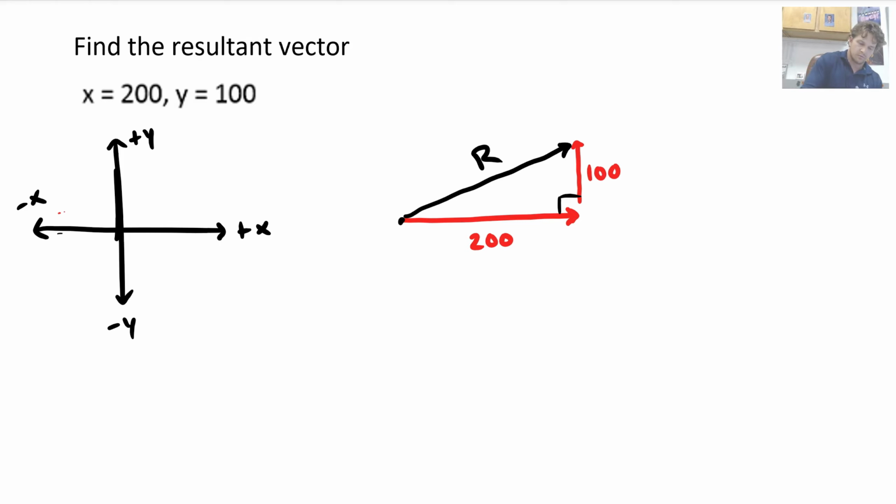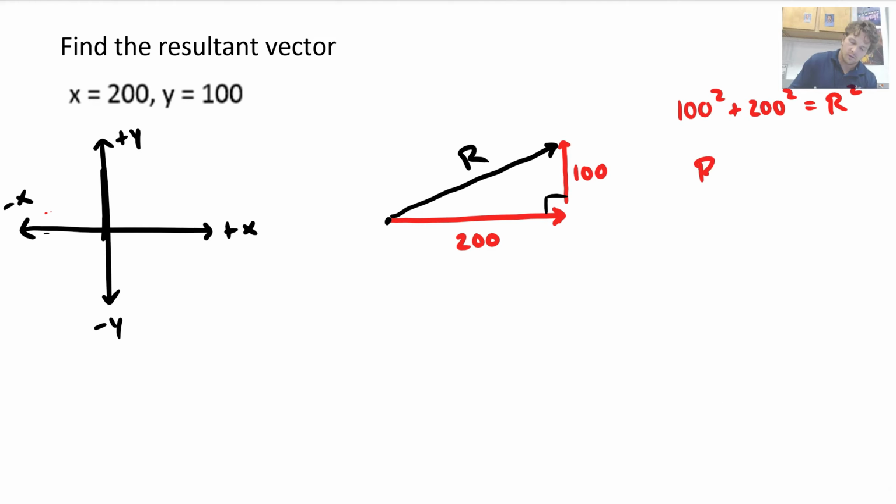Remember, a squared plus b squared equals c squared, or 100 squared plus 200 squared equals the resultant squared. Solving for that, we get that the resultant is about 224. There are no units involved, so just 224. That is the length of my resultant.